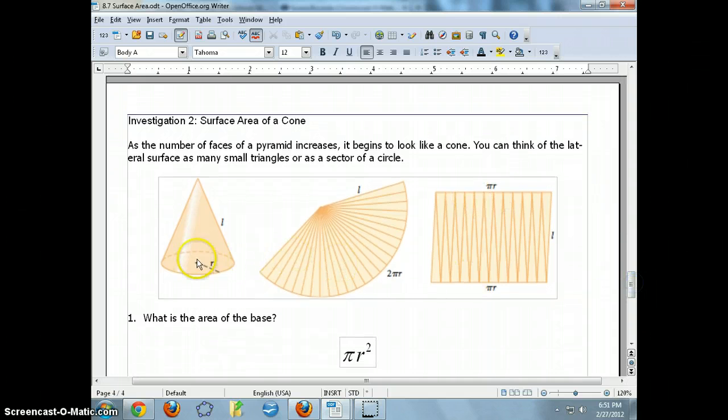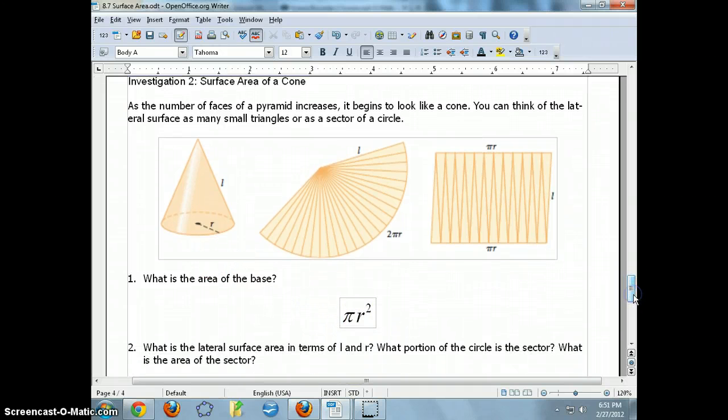So we have a base of a circle. The area of that base is going to be pi times the radius squared. For the lateral surface area in terms of L and R, what portion of the circle is a sector, and what is the area of the sector? Let's take a look here first.